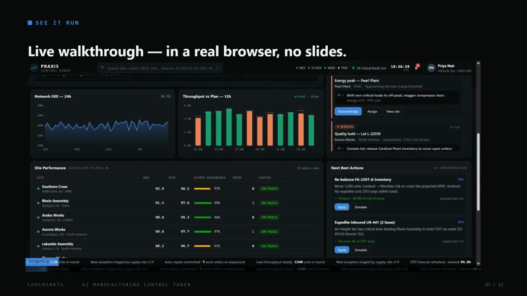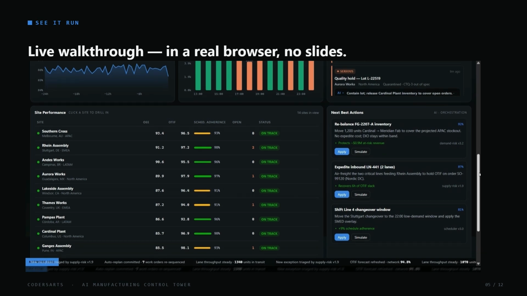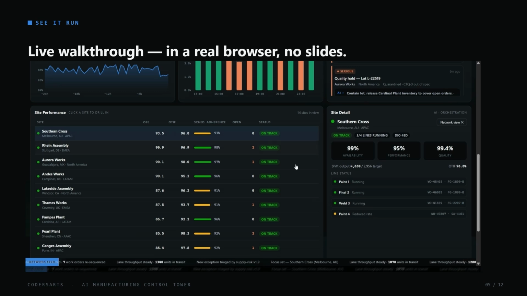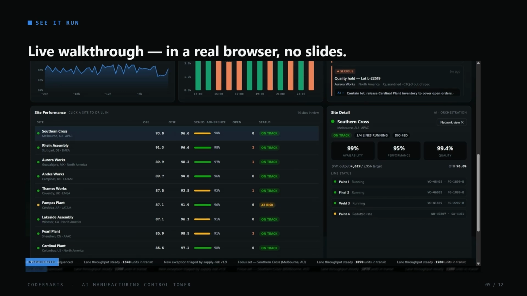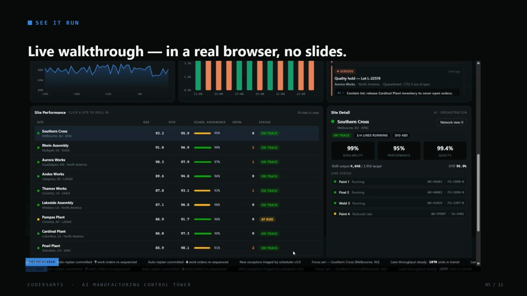Then we have throughput versus plan, whereby we see what was the planned output and what is the current throughput. Next, we have the next best actions, whereby AI recommends the next best action to take to improve the network. Then we have the site performance, whereby we can drill down into each site and see what exactly is holding it back. And this is the complete dashboard that we talked about just now.